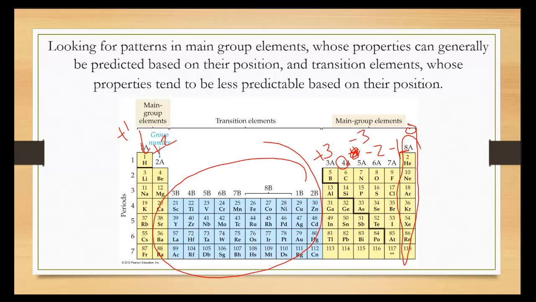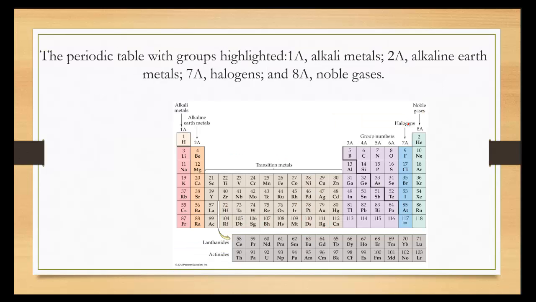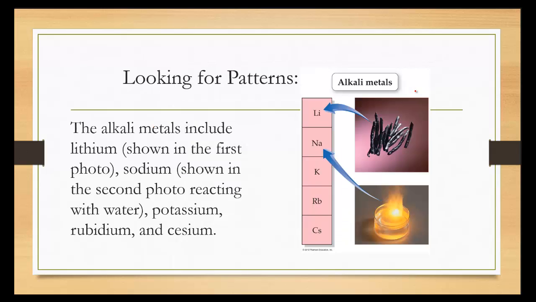The periodic table with the groups highlighted, the alkali metals, alkaline earth, halogens, and the noble gases, are going to be talked about in the next few slides. So, alkali metals are the very first row, and they include lithium, sodium, potassium, rubidium, and cesium.